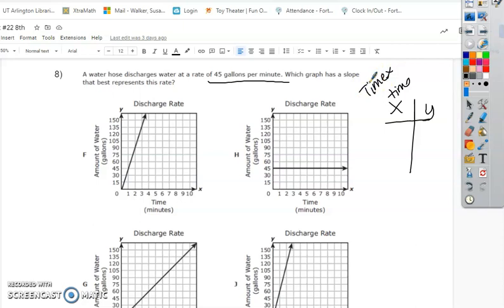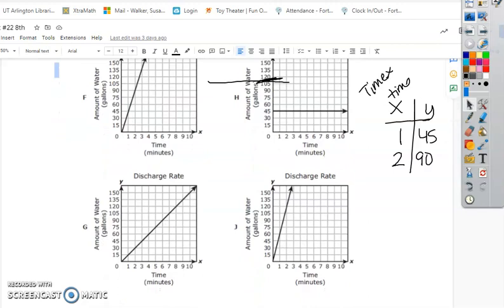Okay, so in this case, 45 gallons per minute means 45 gallons in 1 minute. Then if I have 2 minutes, there's nothing else that it gives us, so that would mean I double that, which is 90. Your job is to make sure these points go through this, okay?